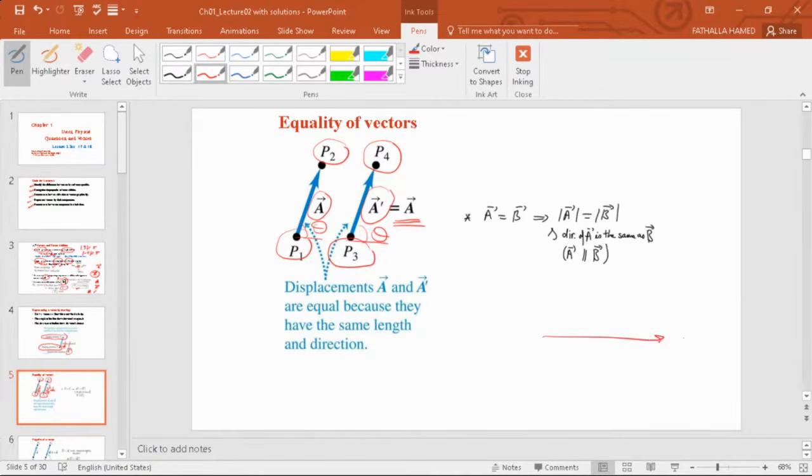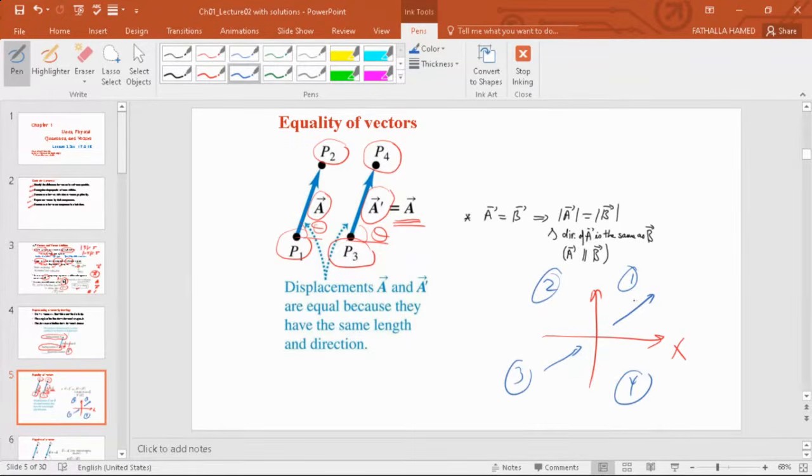Example, I can take my X and take my Y, and I can choose to move from here to here, and I can choose to move from here to here. Now, we all know that this is your first quadrant, this is second quadrant, this is third, and this is fourth.